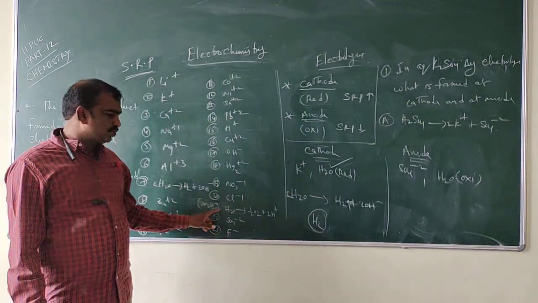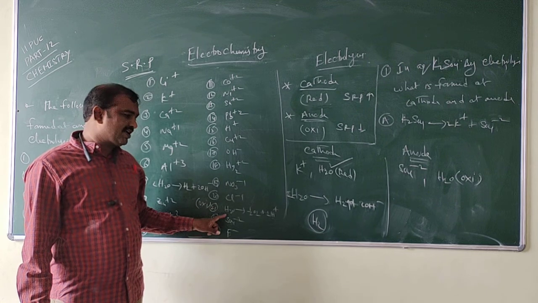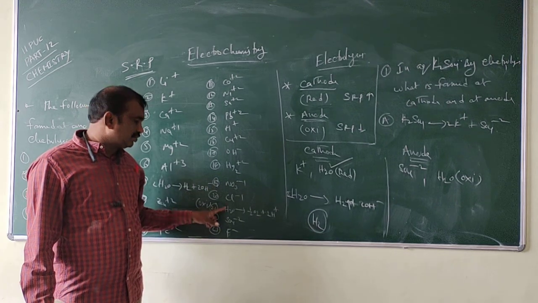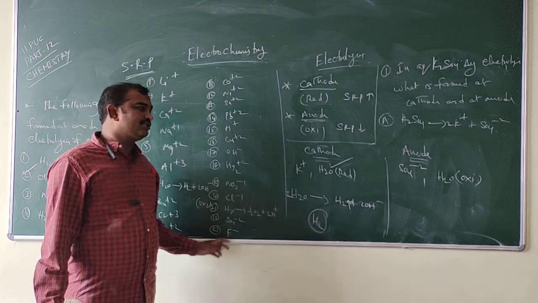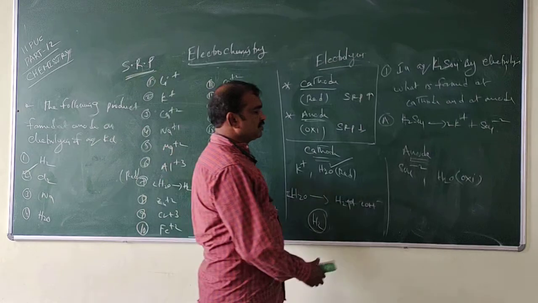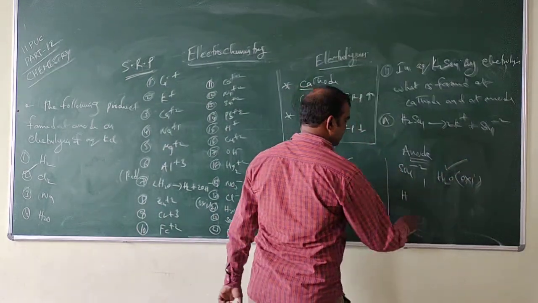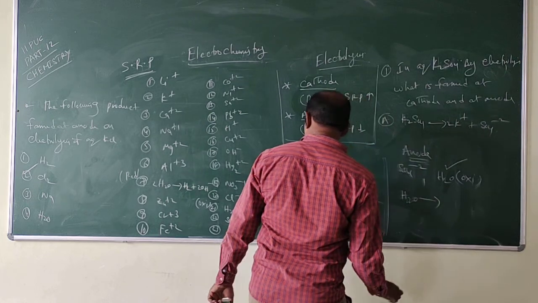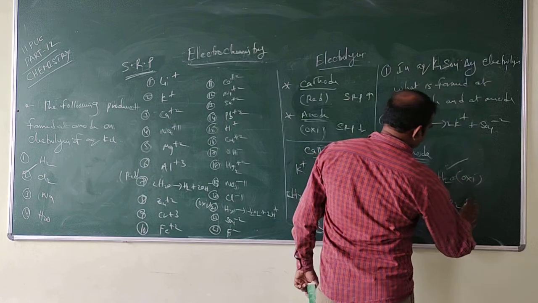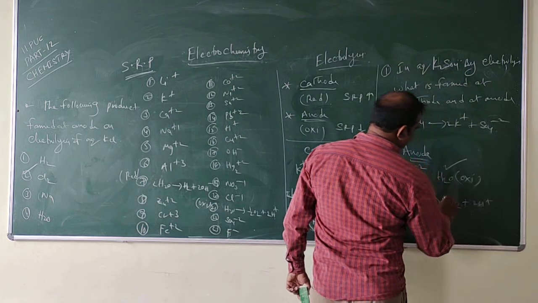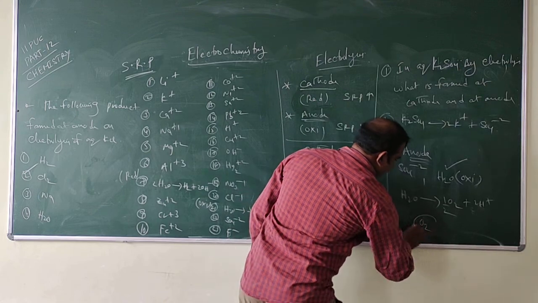H2O oxidation has 21, SO4 minus 2 has 22, so H2O oxidation is less. So this one we will consider. H2O oxidation gives O2 plus 2H plus. So O2 is formed.